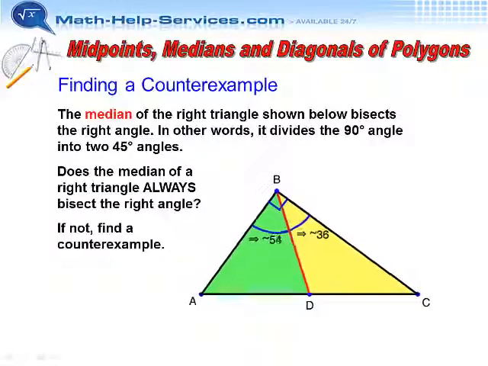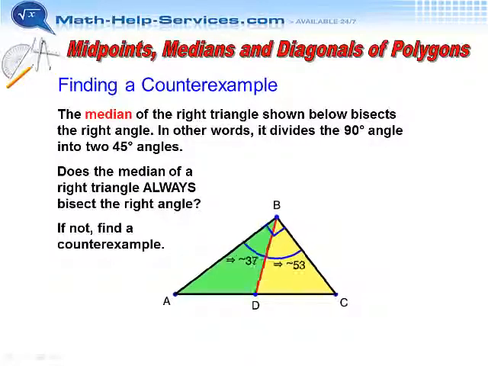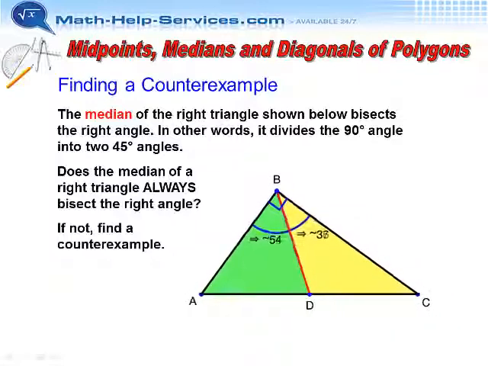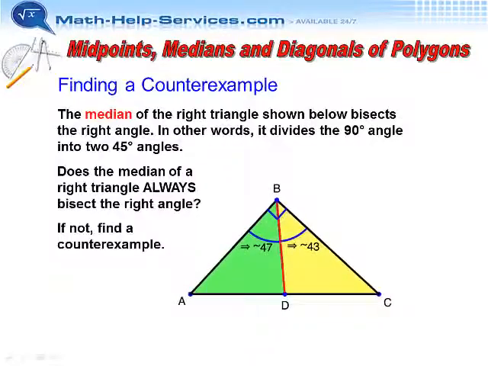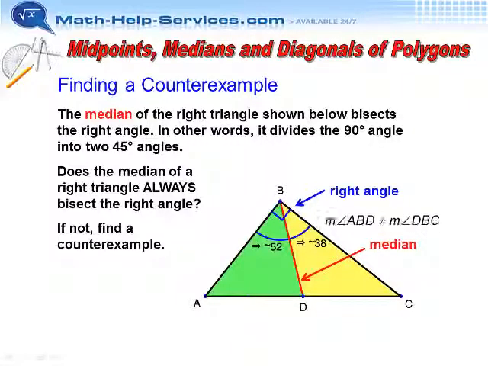Let's look at this animation. Notice this would be a counterexample that shows that we have a median bisecting a right angle, and we see the measurement of angle ABD is not equal to the measurement of angle DBC.